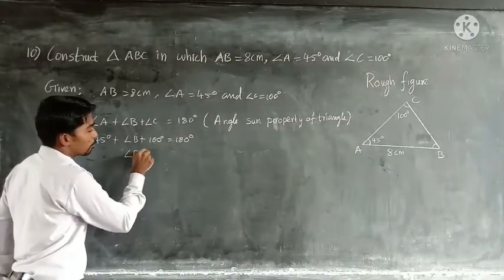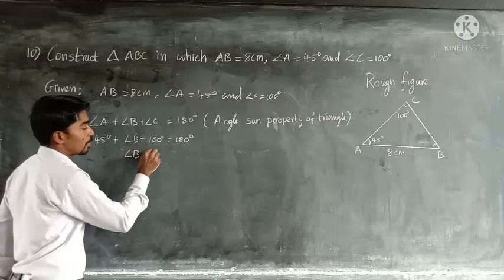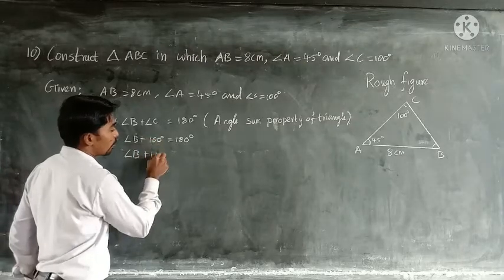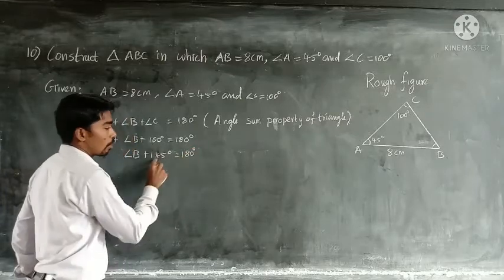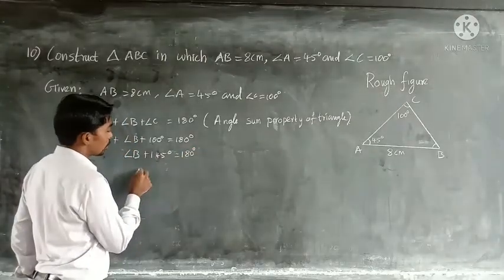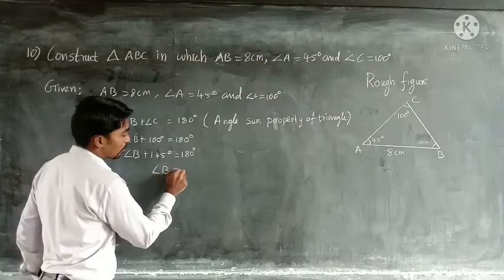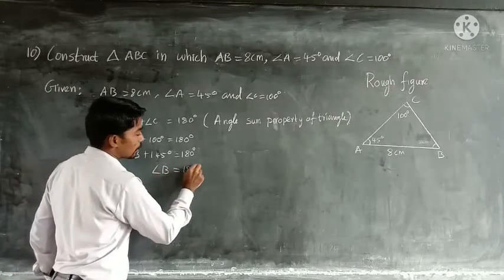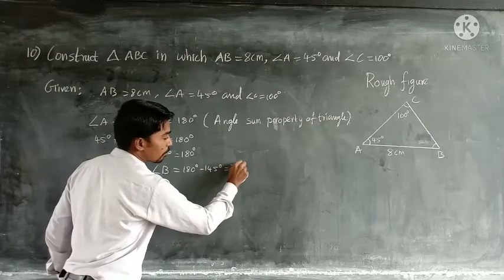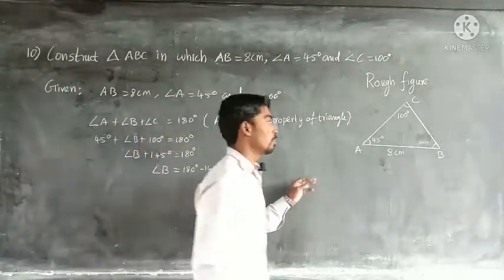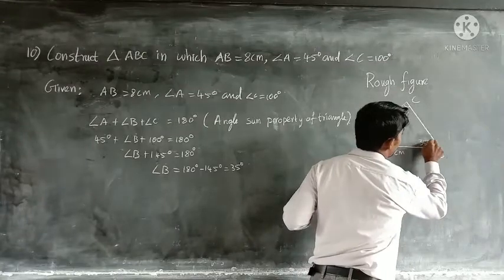Angle B plus, if we add these two values we will get 145 degree is equal to 180 degree. 145 degree we should take to the other side, we get angle B is equal to 180 degree minus 145 degree, that is 35 degree. Now we got angle B 35 degree.